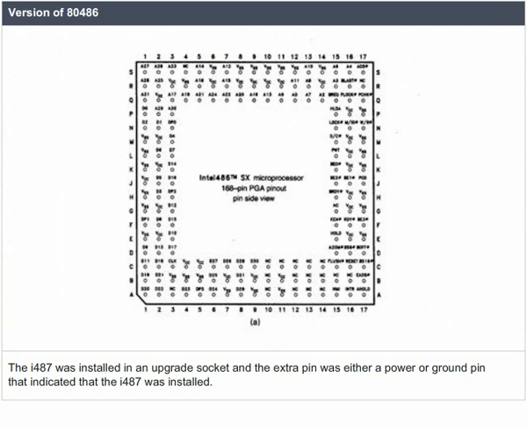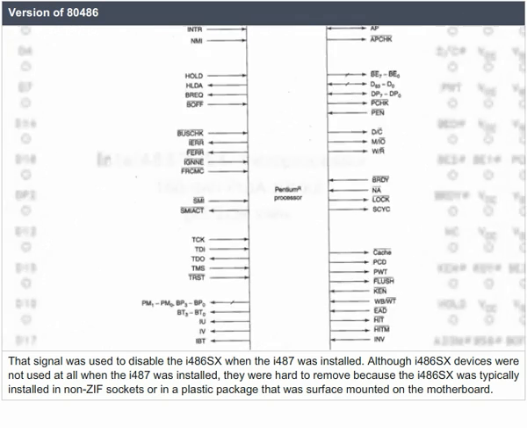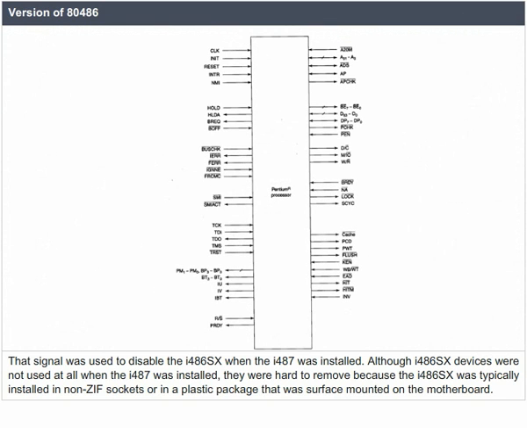That signal was used to disable the i486SX when the i487 was installed. Although i486SX devices were not used at all when the i487 was installed, they were hard to remove because the i486SX was typically installed in non-ZIF sockets or in a plastic package that was surface mounted on the motherboard.